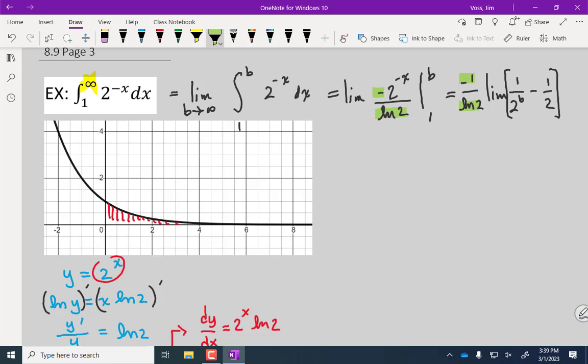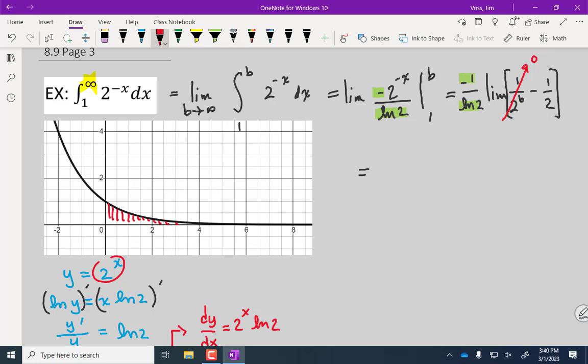And now we're ready to take the limit. So this limit is as b goes to infinity, and what is that equal to? Negative 1/2, because 1 over 2 to the b is going to go to 0. If you have a constant in the numerator, and the denominator is going to infinity, those fraction values are compressing to 0. If the numerator is constant and the denominator keeps growing, fractions are going to 0.